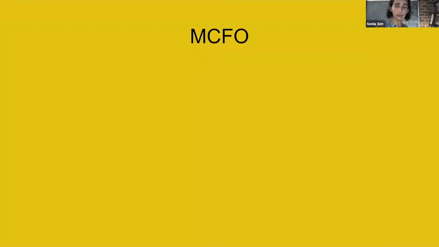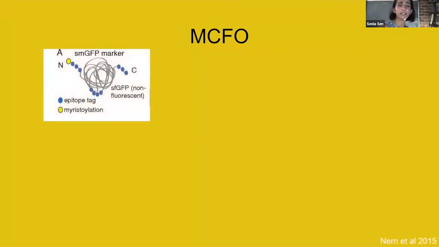MCFO, I showed you a picture of, but it basically relies on something called the spaghetti monster GFP, which is this ball of wool over here. It's basically mutated so much, the GFP, that it's not fluorescent, but you can put many tags onto it. And there are many, many tags.